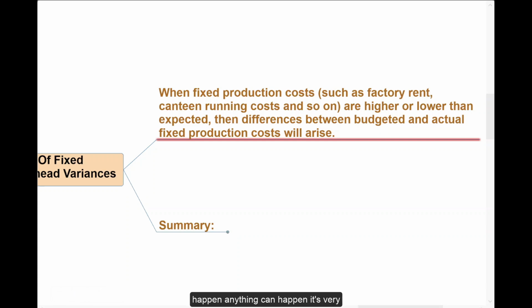Well, anything can happen. It's very, very difficult to accurately predict down to the last cent, down to the last penny, what's going to happen in the future. So in essence, if you accept that yes, there can be variances, we're just talking about either higher or lower, given the actual figures, okay?